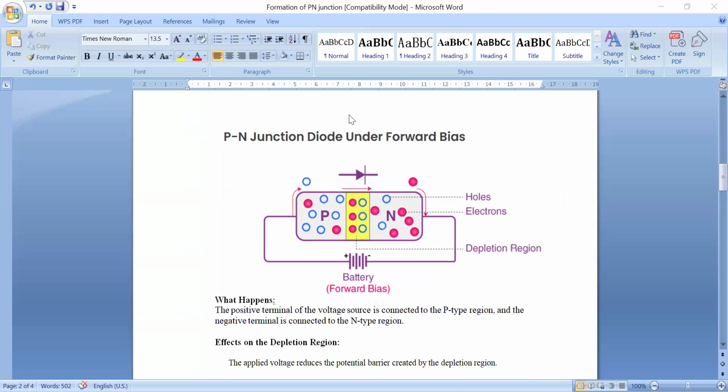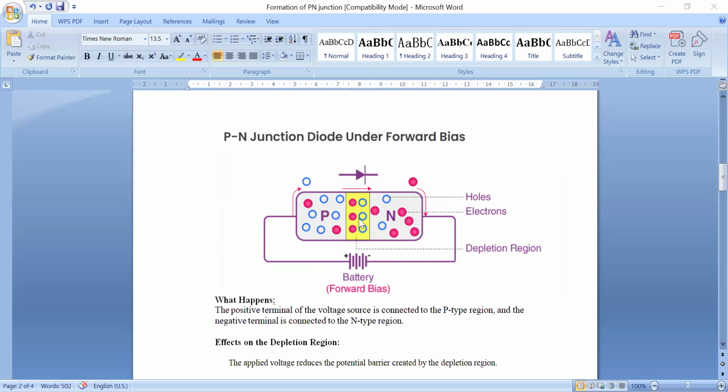Then the diode is said to be in forward biased mode. This applied voltage reduces the potential barrier which is created by the depletion region, because the holes are attracted by the negative terminal of the battery and the electrons are attracted by the positive terminal of the battery. Due to this, the depletion region becomes narrower.